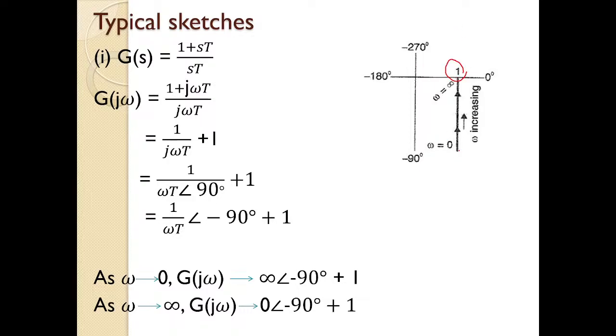It is parallel to minus 90 because the angle is the same. So parallel to minus 90, draw a straight line which will start from the end of the 90-degree axis and it will end at the origin. Of course it is not the origin value, but parallel to the 90-degree axis and parallel to the end of the 90-degree axis. This is one of the typical cases.